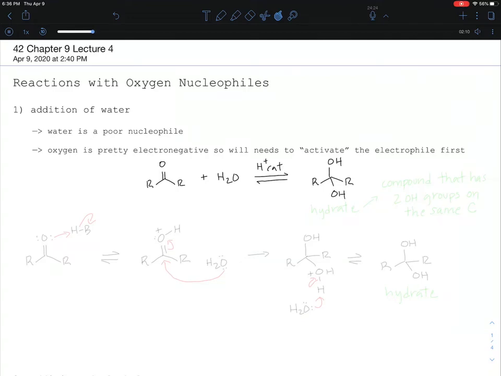This type of molecule is called a hydrate. A hydrate is a compound that has two hydroxyl groups on the same carbon.